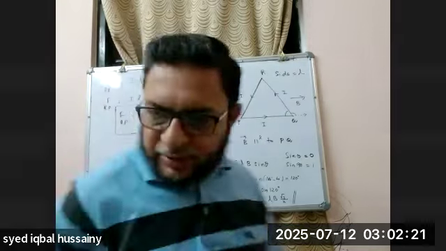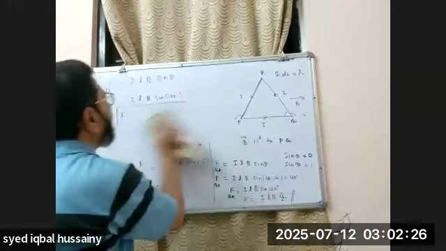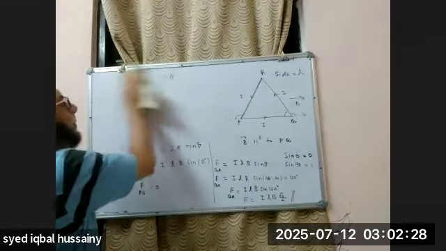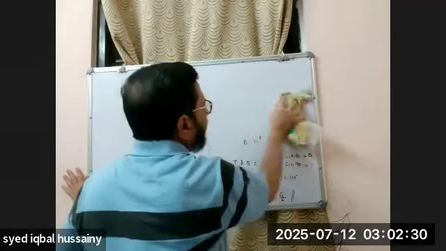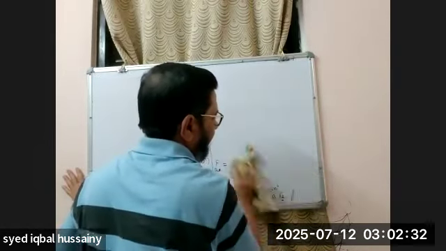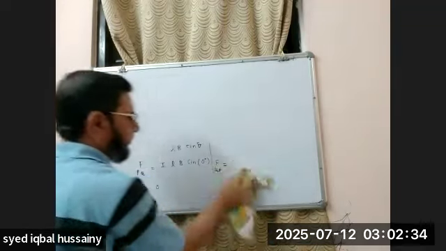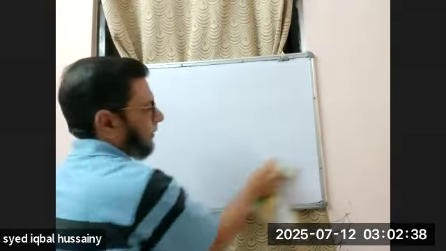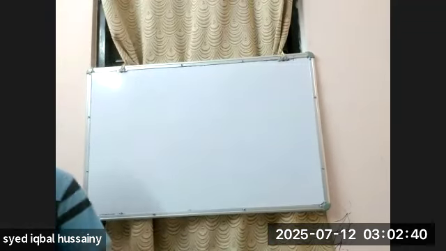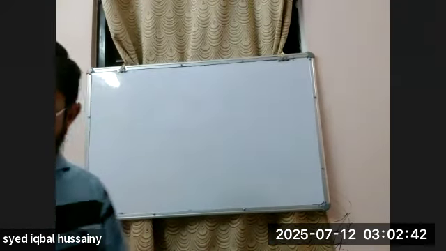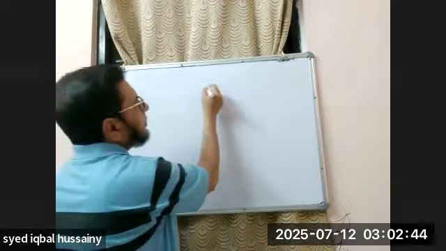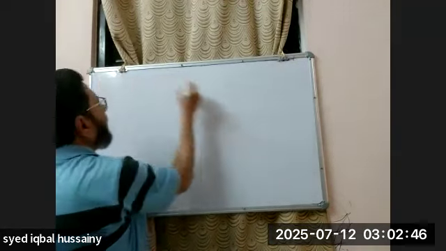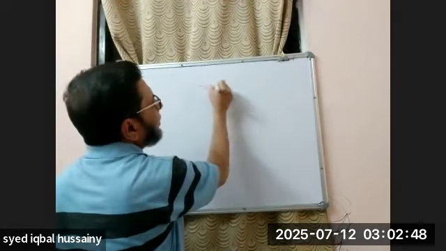Now one more numerical we'll see on force on a current carrying conductor. Third question, magnetic field lines are given like this.